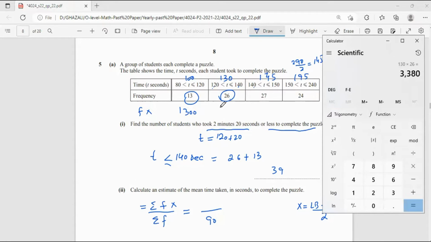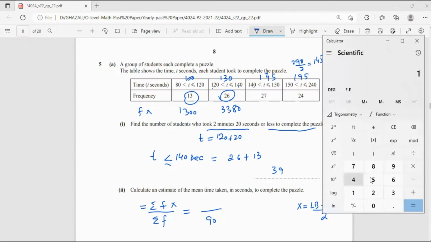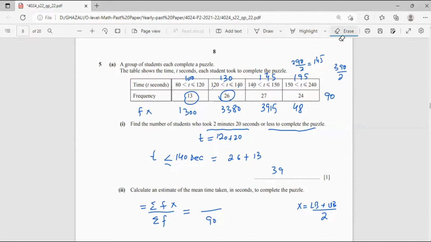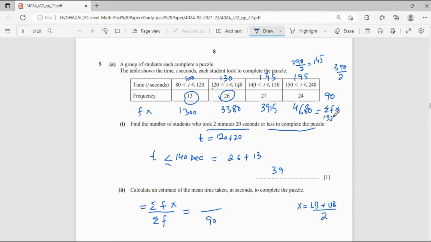Now multiply each class mark by its frequency: 130 times 26 is 3,380, 145 times 27 is 3,915, and 195 times 24 is 4,680. Now we get summation fx by adding these values: 4,680 plus 3,915 plus 3,380 plus the first product, giving 13,275.